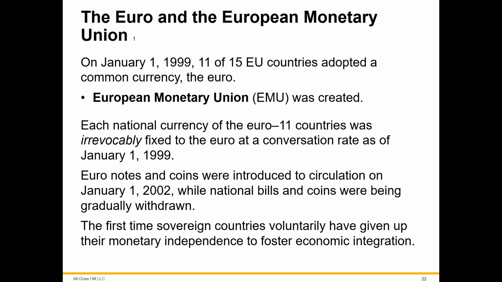Of the 15 EU countries, 11 of them joined the European Monetary Union. The 11 countries irrevocably fixed their exchange rate to the euro, and euro notes started circulating in 2002. So they gave up their monetary independence.